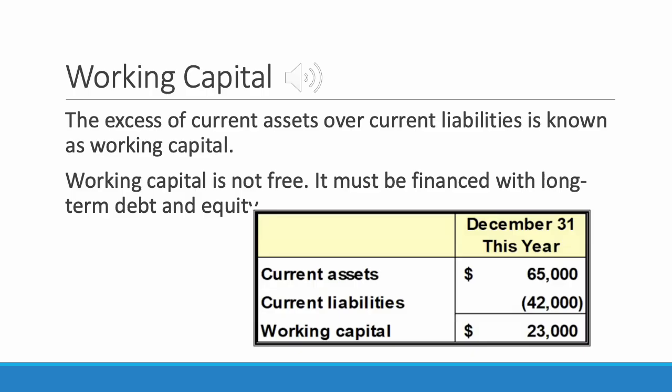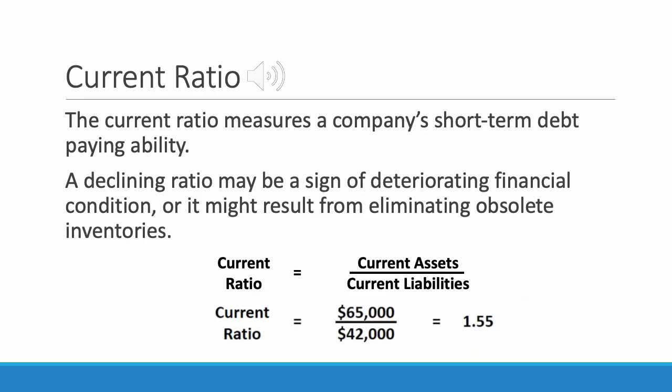Next, we look at the current ratio, which measures a company's ability to pay its short term debts using its current assets. If the current ratio goes down from year to year, that can be a warning sign that the company may be having financial difficulties.